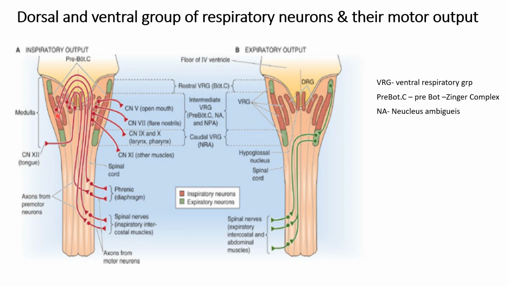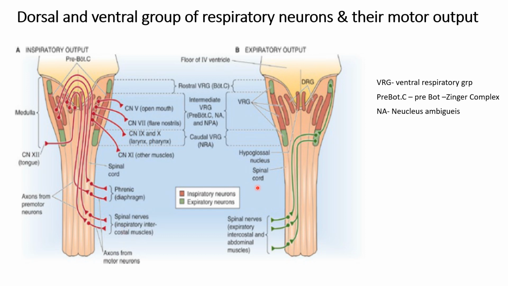From there one neuron arises and ends in the spinal cord at C3 to C5. From there the phrenic nerve arises and gives response to the diaphragm, which is the main muscle for inspiration. Another one arises from the DRG or around the pre-Botzinger complex, and it supplies the inspiratory muscles other than the diaphragm, those are the external intercostals.